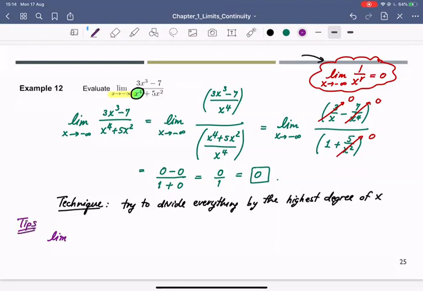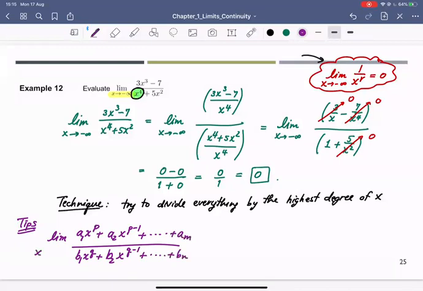If you see the limit of a rational function like a1 x to the p plus a2 x to the p minus 1 plus dot dot dot over b1 x to the q plus b2 x to the q minus 1 plus dot dot dot, let's say when x goes to infinity.